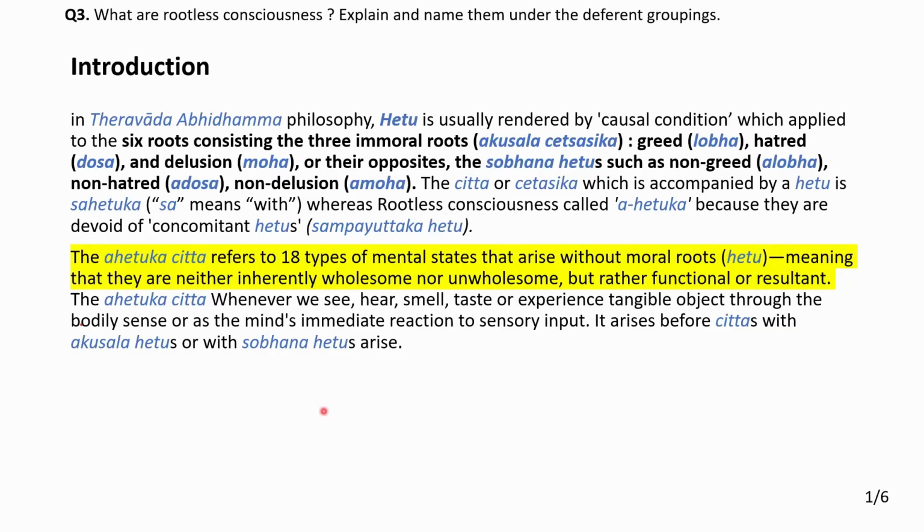The Sobhana or the Kusala Hetu, Alobha, Adosa, and Amoha, can also be Abyakata, indeterminate roots, but they are still roots. It's just that they are neither wholesome nor unwholesome.